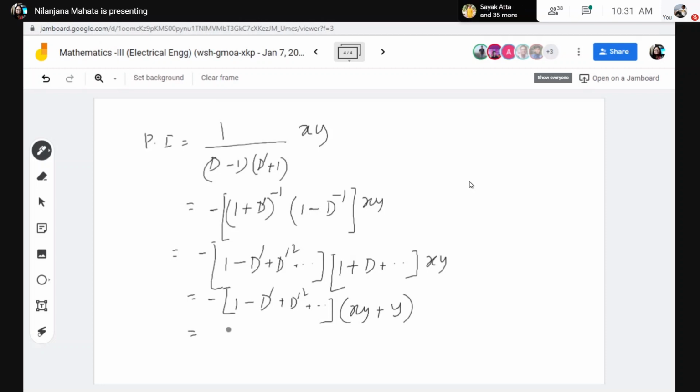So I am operating here, this will be minus 1 xy, this will be plus d dash, which means this will be only x, and I will have another term, minus y, and I will have plus 1. You have got this result? This will be the pi. Have you got this result?